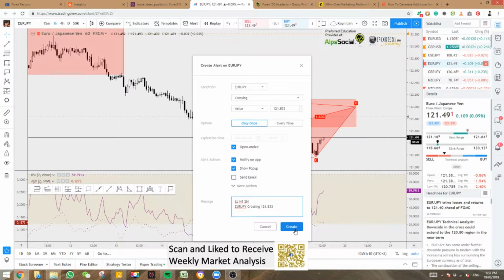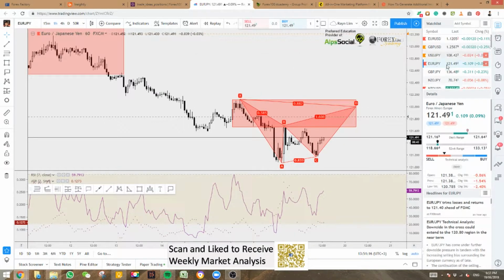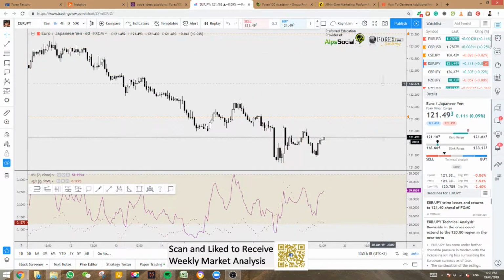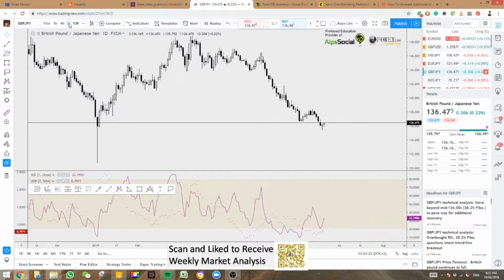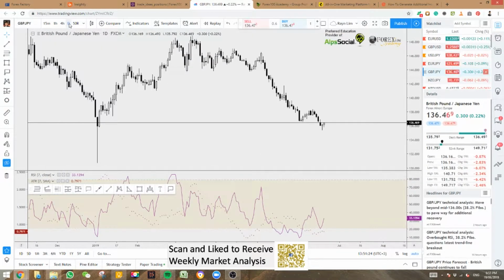Get where I'm coming from? Trend continuation. All right. So there's no hurry for you to jump into the trade. You can be very selective. It's fine, but stick to your rules.